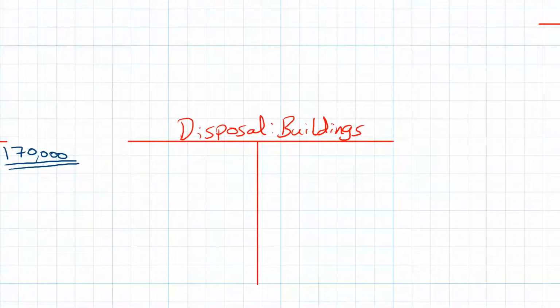Double entry. Revaluation reserve, it's coming from land and buildings, the first of the first, 18.